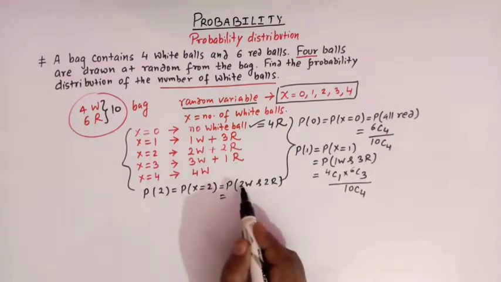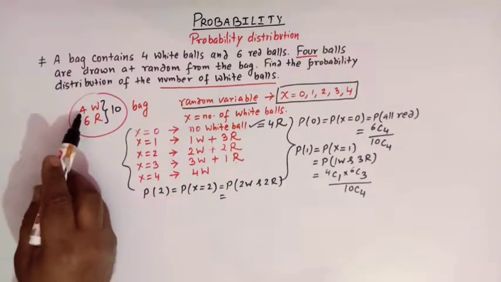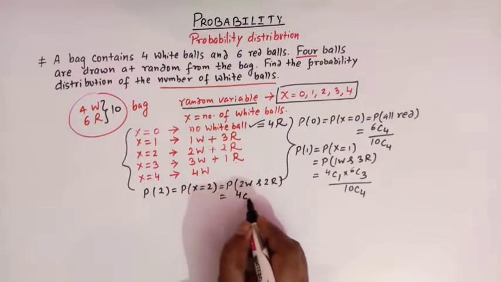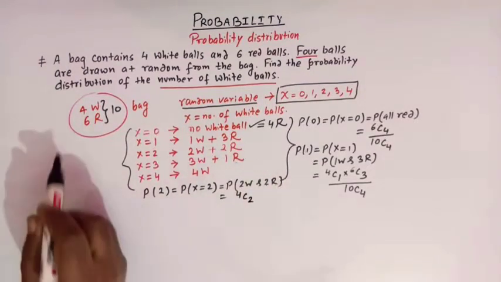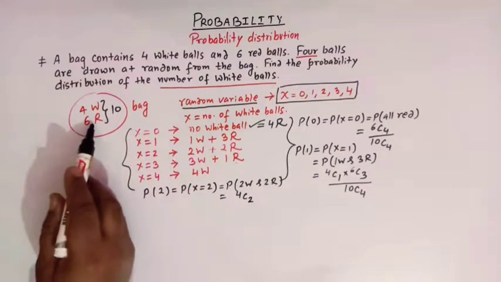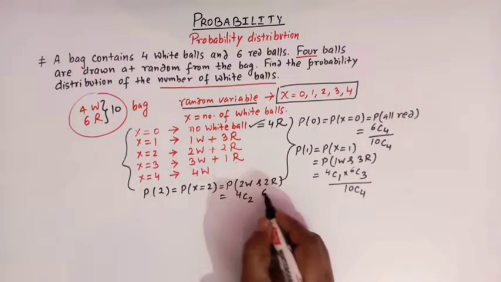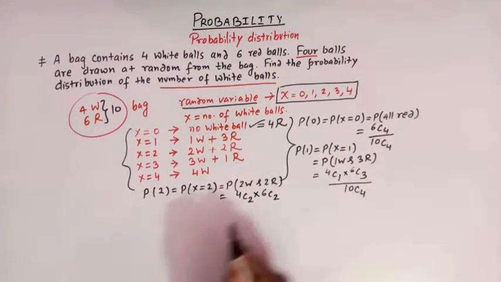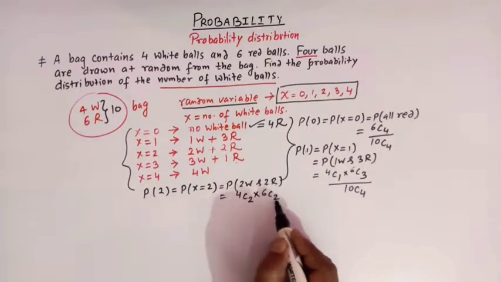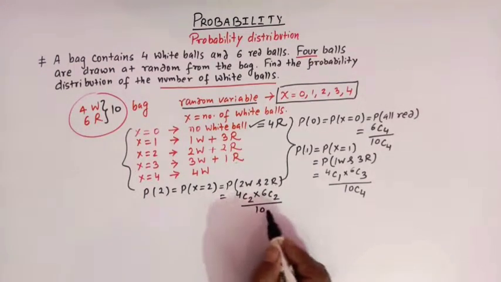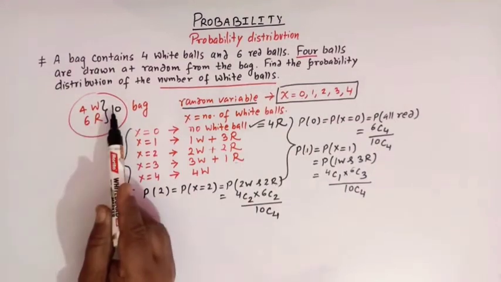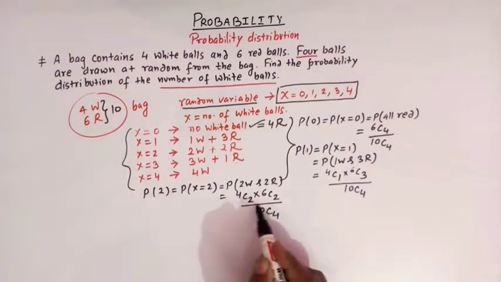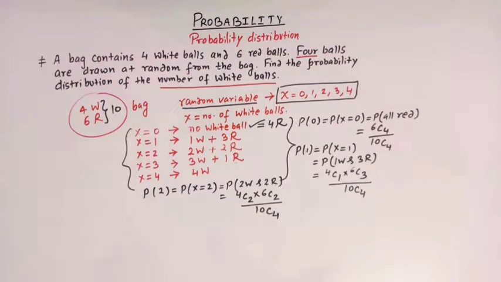So 2 white balls can be selected out of 4 in 4c2 ways, and 2 red balls can be selected out of 6 red balls in 6c2 ways, right? And the total number of favorable cases would be 4c2 times 6c2, and the total number of cases would be 10c4. So here 10c4 implies that we have to draw 4 balls out of 10 balls. So the total number of ways would be 10c4, right?